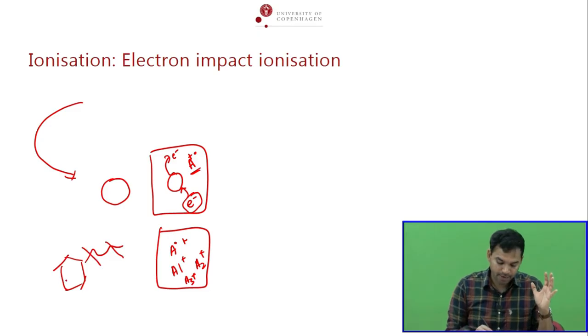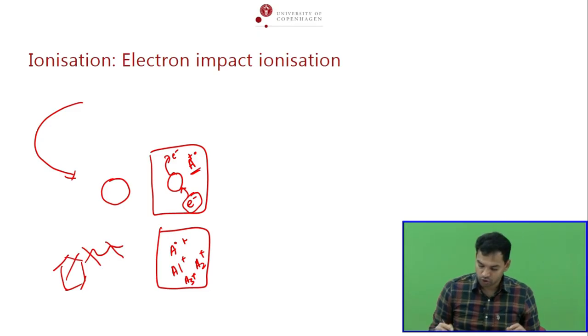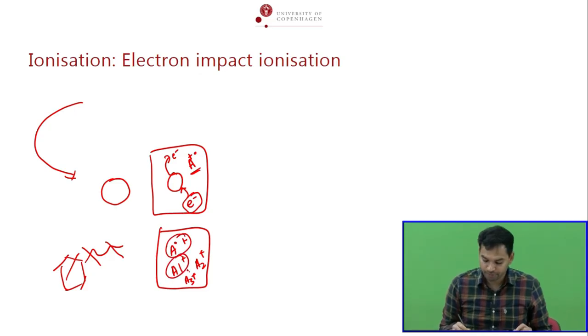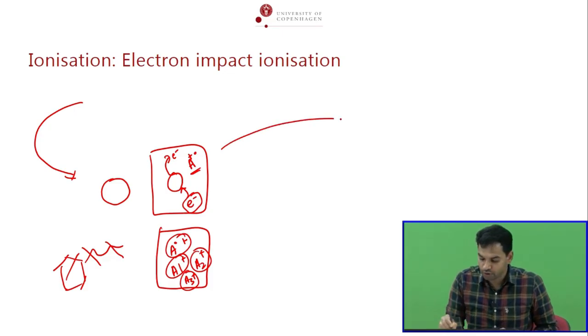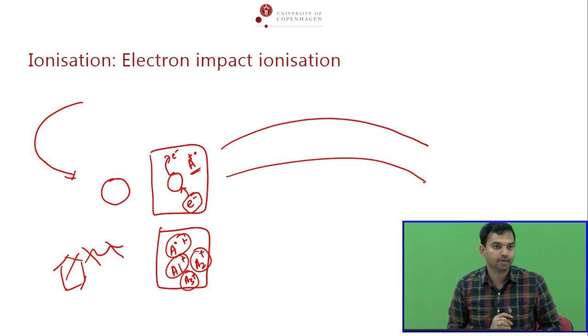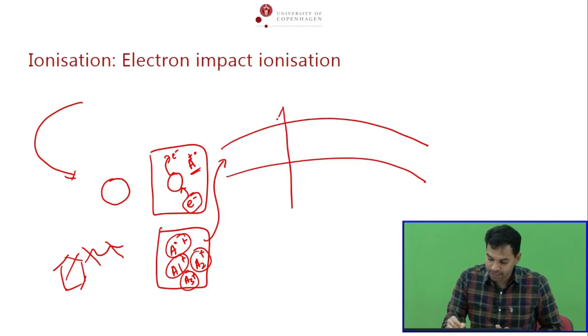It can be fragmented everywhere because of the impact of the electron. So basically, you get different types of ions. And these ions are now pushed into the vacuum chamber like this one, and here we apply the magnetic field.